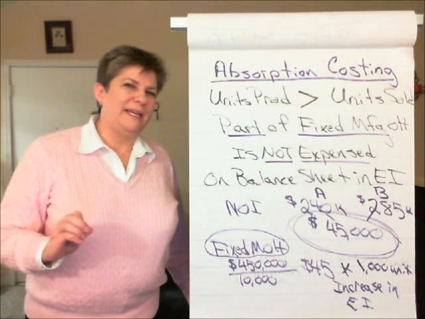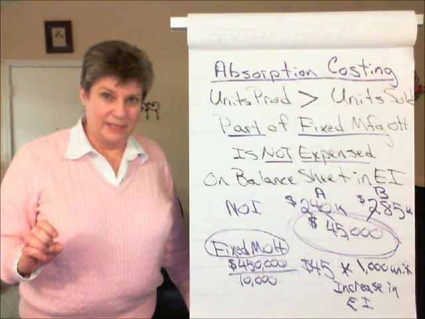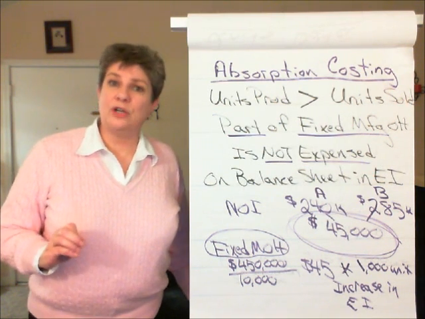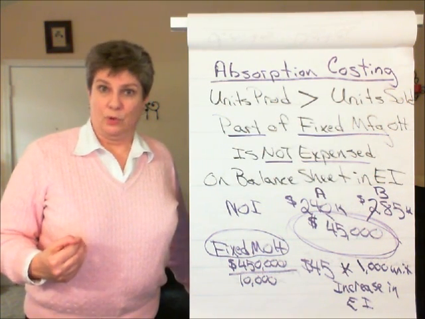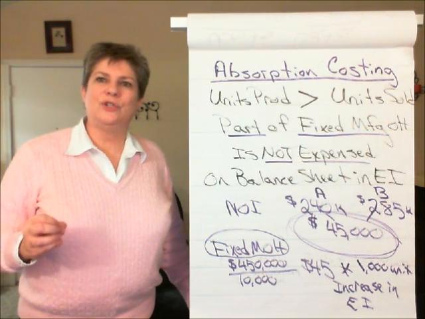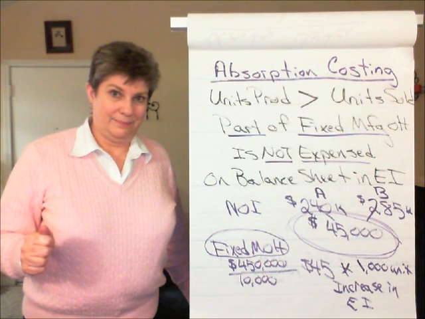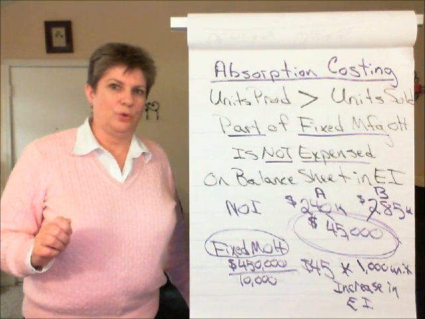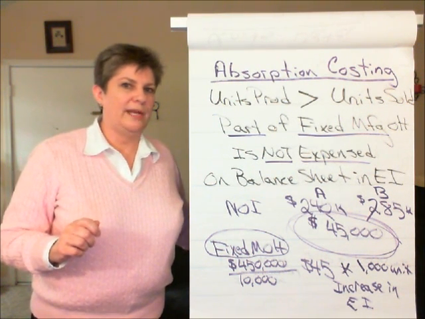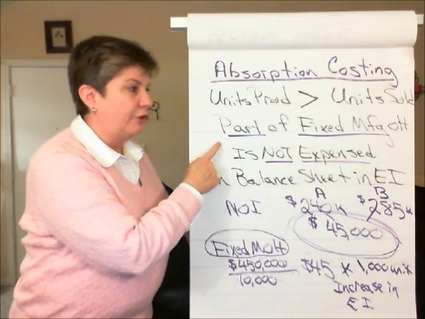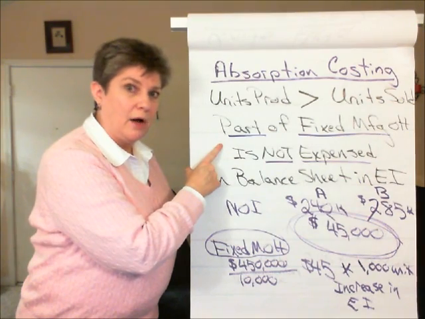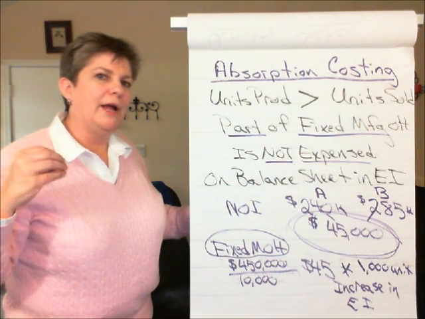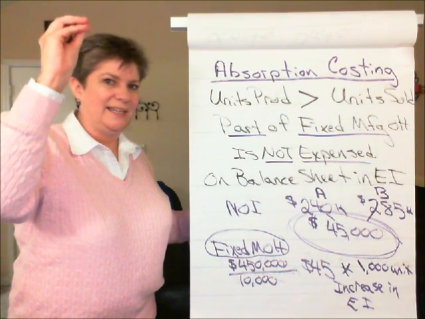Now, there may also be some non-legitimate or dysfunctional reasons for building up inventory. If a production manager's bonus or salary is tied to profits, then there is an incentive for that production manager to produce excess inventory, and by doing that, defer part of the fixed manufacturing overhead cost off the income statement and onto the balance sheet, thereby artificially increasing net income.